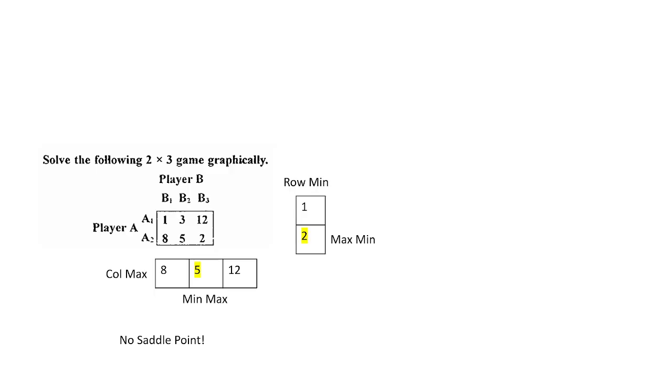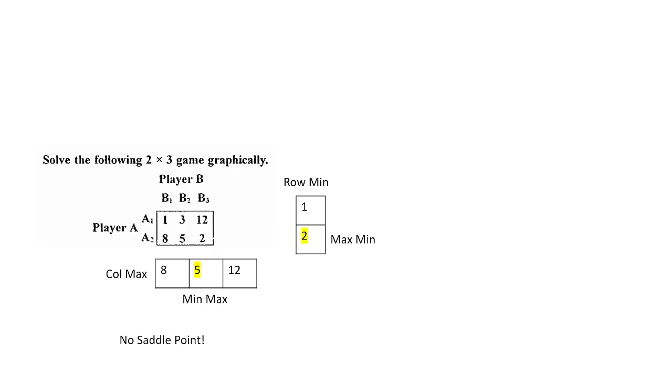Let us take an example. This is an example of a 2 cross n game. A has two strategies A1 and A2. B has three strategies B1, B2, B3. The points for A1 are 1, 3 and 12. For A2 they are 8, 5 and 2.